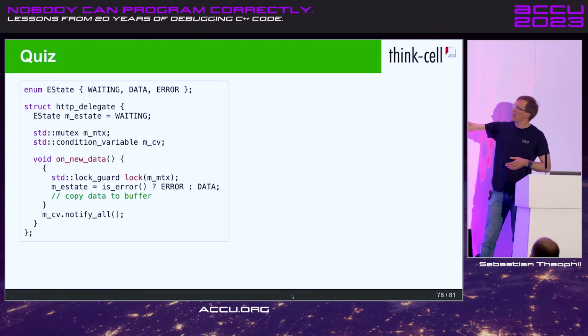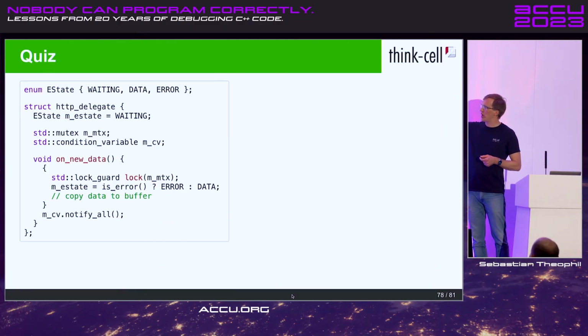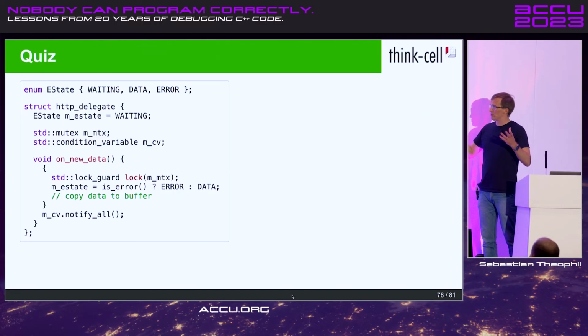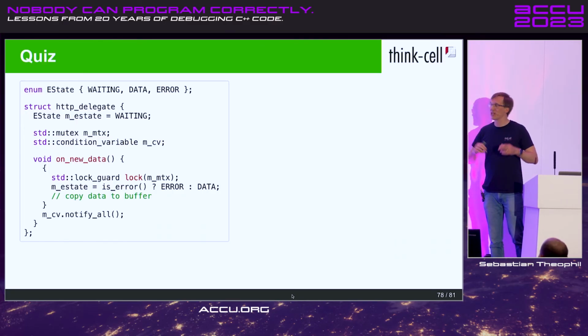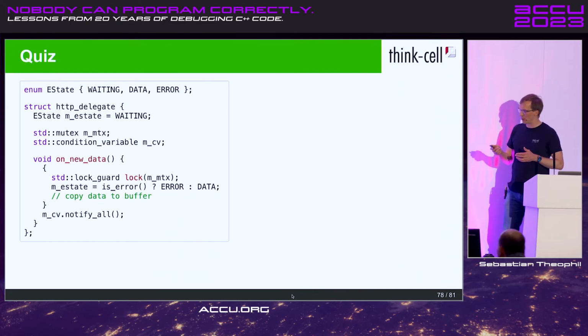And when we get new data, then we lock a mutex, we check, did that part of the download succeed. Then we store in our state, hey, I have new data available, or otherwise we store in our state that some HTTP error occurred. And when we're done with that, we release the mutex and we notify a condition variable.